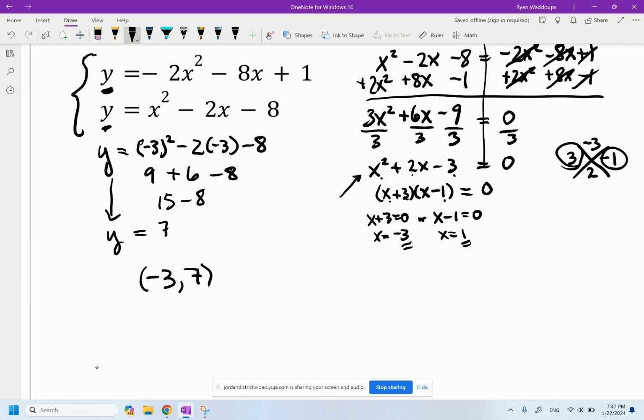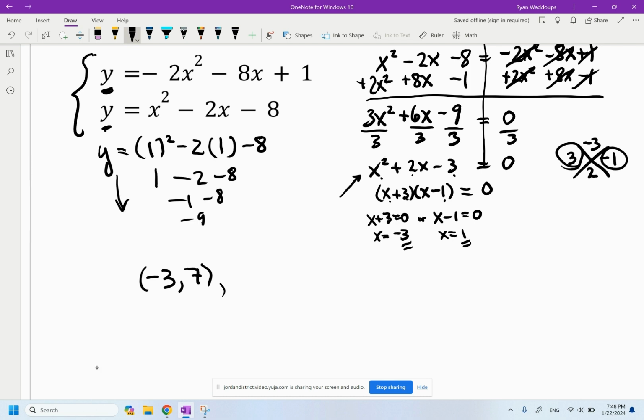And for the other value of 1, I want to find out what happens when x equals 1. I'm just going to do the same thing, but here I'm going to put 1, 1 here and 1 here. Now 1 squared is 1. Negative 2 times 1 is negative 2. And then I have minus 8. 1 minus 2 is negative 1, minus 8, and negative 1 minus 8 is negative 9.